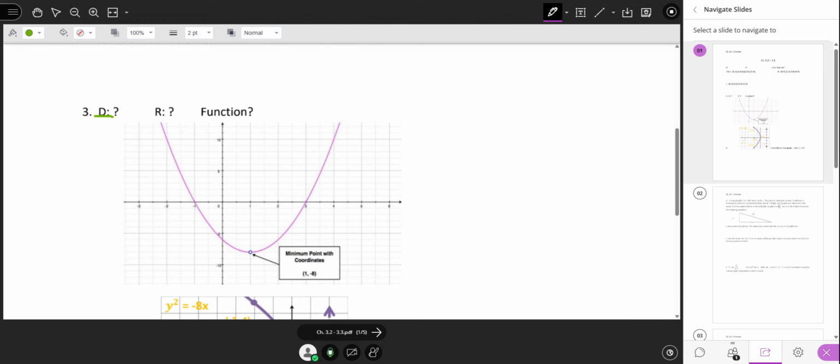If we look at this parabola, there are a lot of different x values. We've got -2, we've got -1, all the values in between, we've got 2, we've got 3, because that falls on the parabola as well, and everything in between there too.